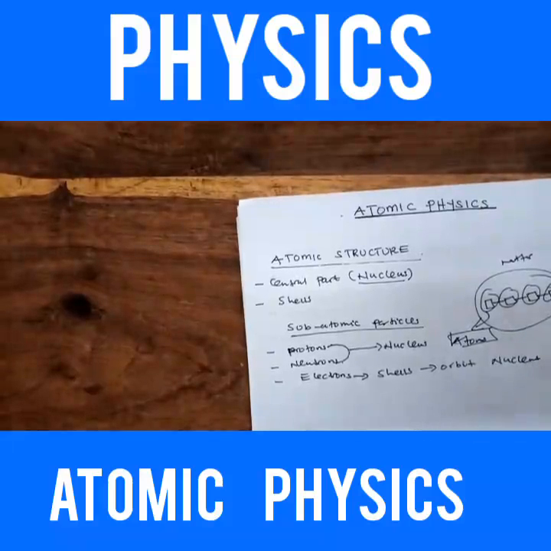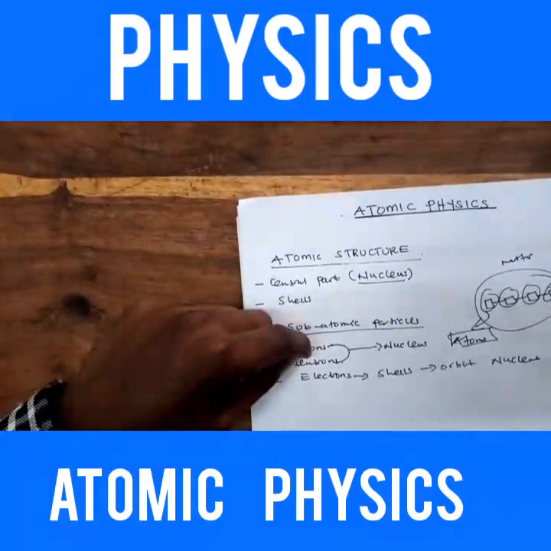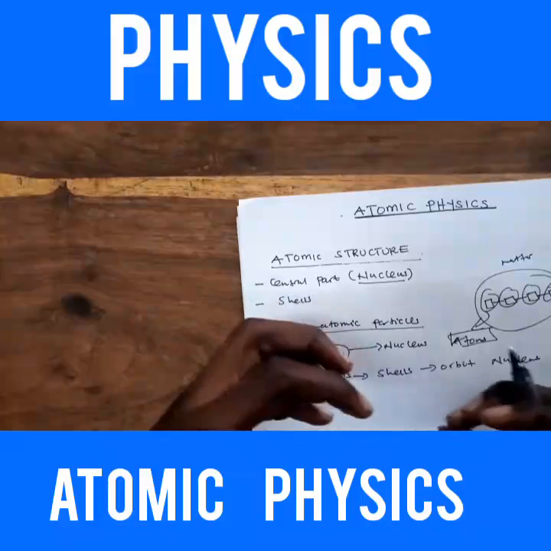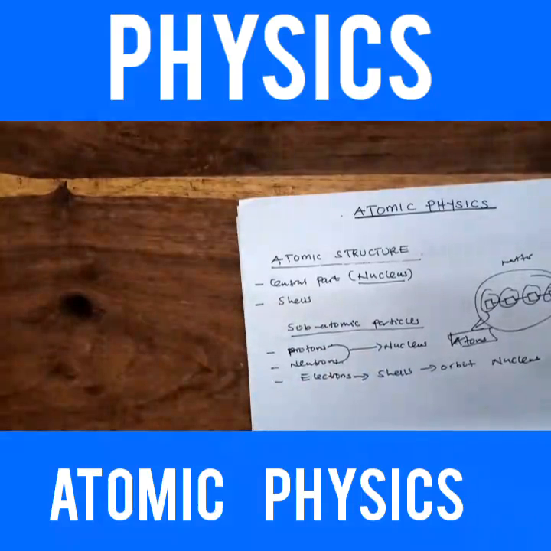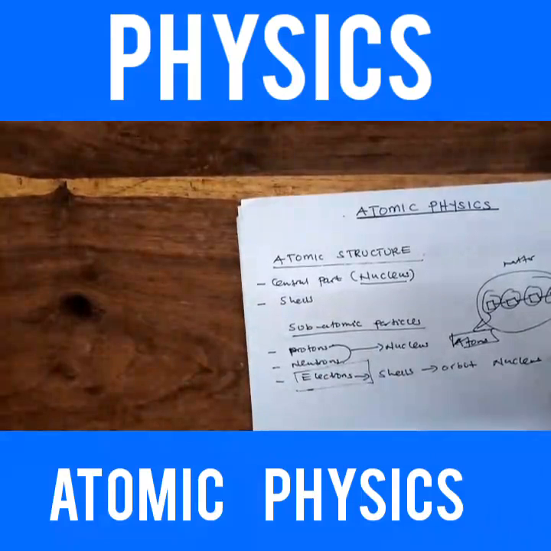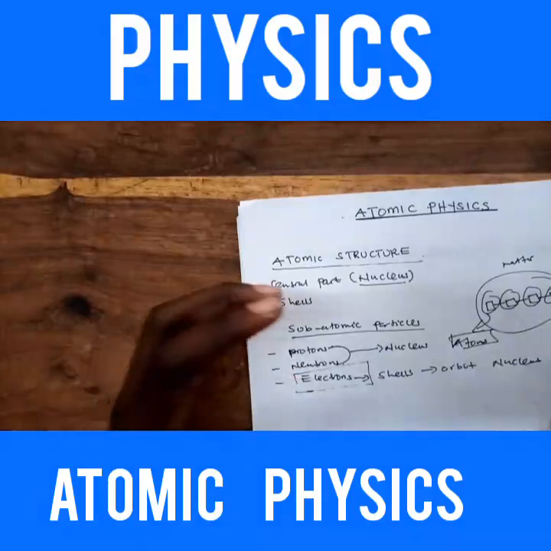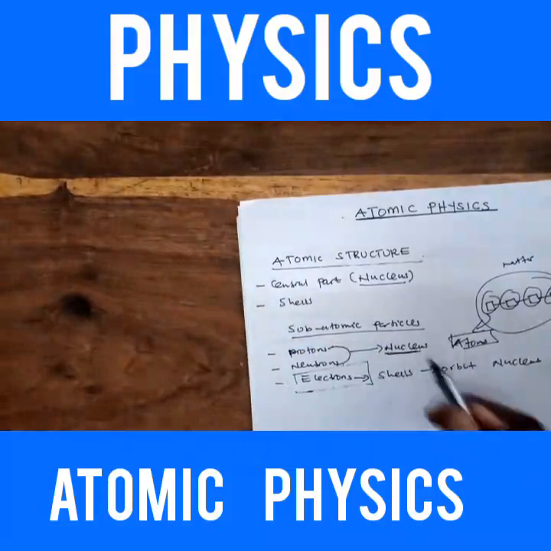So electrons are free to move, whereas the protons and the neutrons are bound. They are fixed within a central part called the nucleus. But electrons can move around the nucleus. They have enough energy to move around it. Protons and neutrons are locked up in the nucleus.